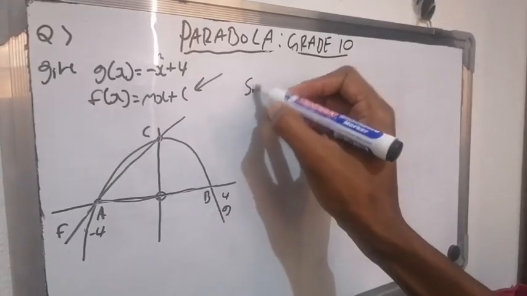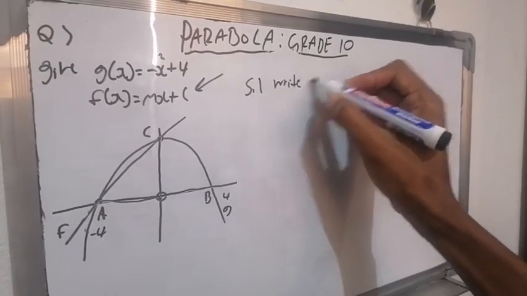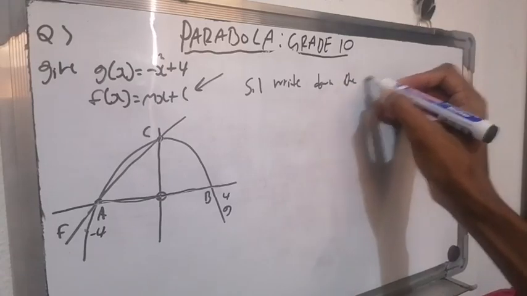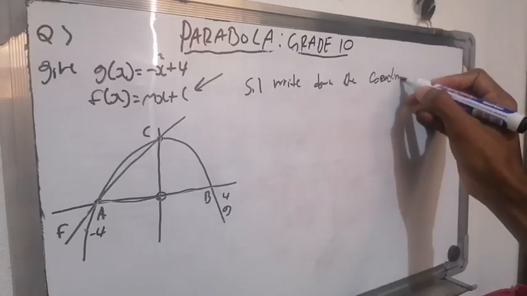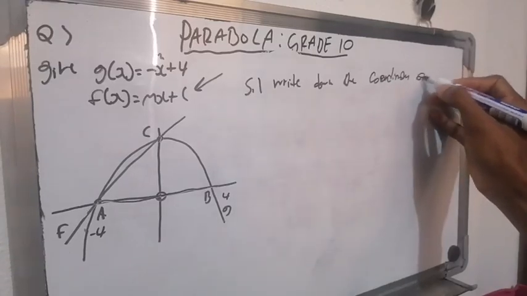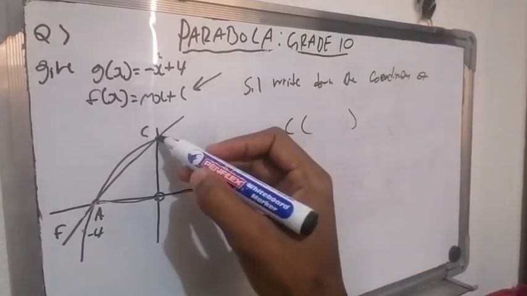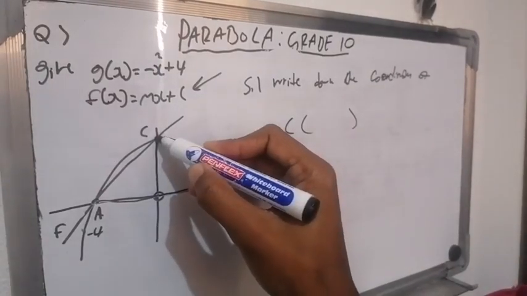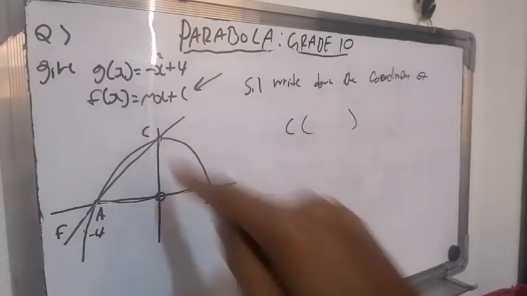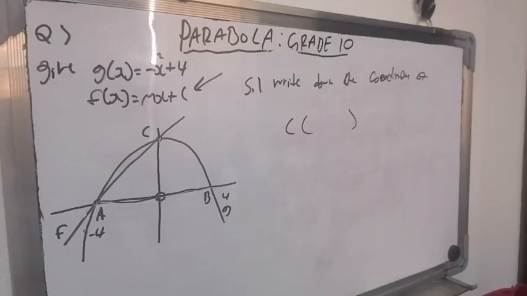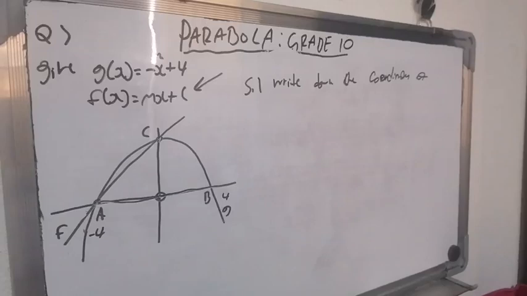According to this question, 5.1 says write down the coordinates of C. They want to know what is at C. We already know that any point on the y, listen carefully, we call it the y-intercept.